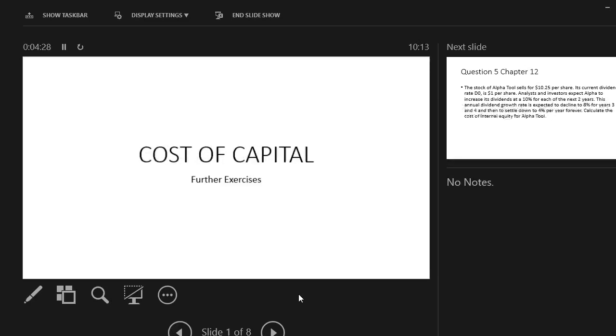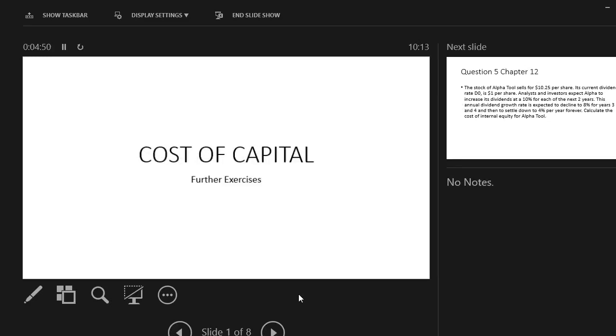And then we've got the cost of preference shares. Remember, we can also capitalize the company using preference shares, right? So when we get the preference shares, we also need to get the cost of preference shares.